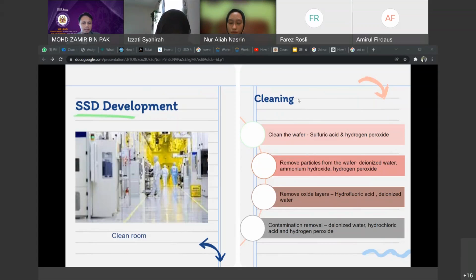Any ideas of the typical dimension of the transistor used in SSD? Maybe 7. Oh, okay, 7. Because it has to be fast, right? You want it to be fast at switching, fast at booting and everything. So that means you need to use a very high-end type of transistors.